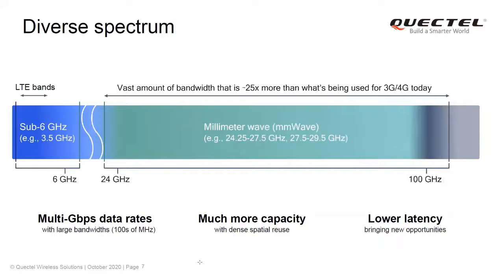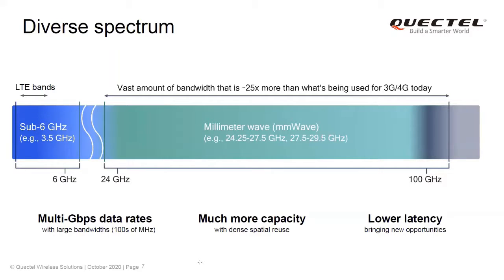What does spectrum mean? It means frequency allocated for radio communication. Until now, for LTE bands, LTE meaning Long-Term Evolution, if you don't know, we had the so-called sub-6 gigahertz, so frequencies up to 6 gigahertz, usually less than 3 gigahertz. And this has some limits on how much data the technology can deliver.